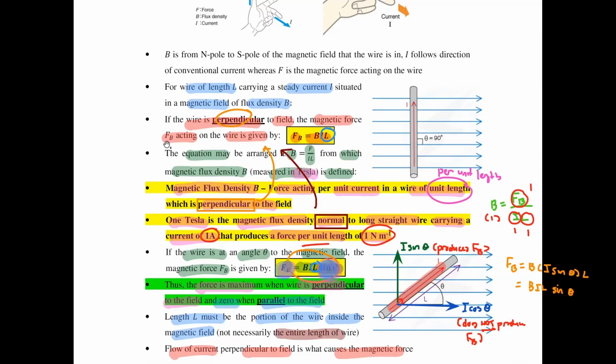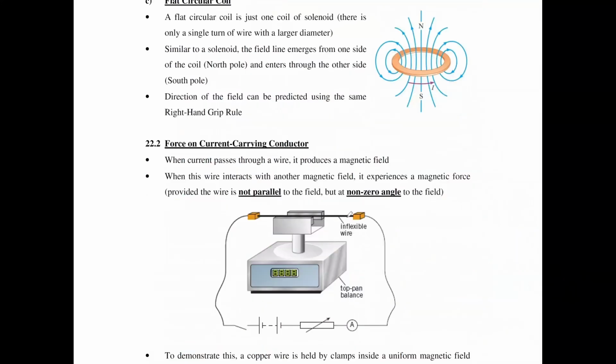What I mean by that, if you just look at the previous page, it is the copper wire right over here. If you had wanted to find out the magnetic force acting on the wire, it would have been Fb equals BIL, provided that the wire is perpendicular to the magnetic field here. So this L here must be the length of wire in the magnetic field, in the B field.